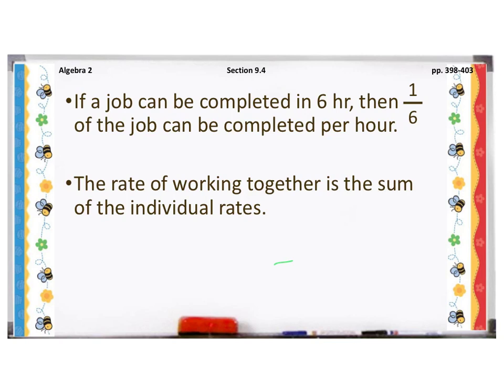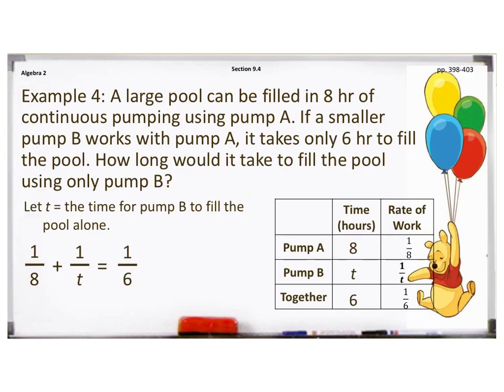Sorry, wow. Okay, a large pool can be filled in 8 hours of continuous pumping using pump A. All right, so what we did is we put this into a table.